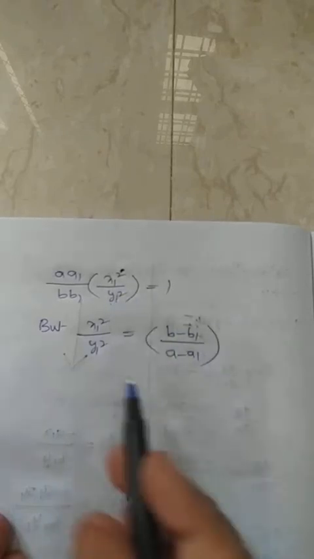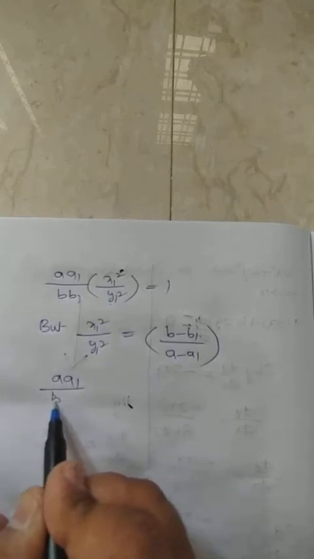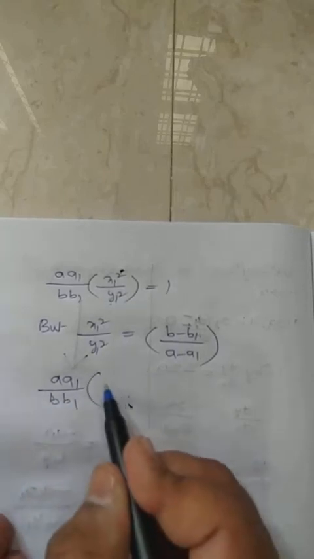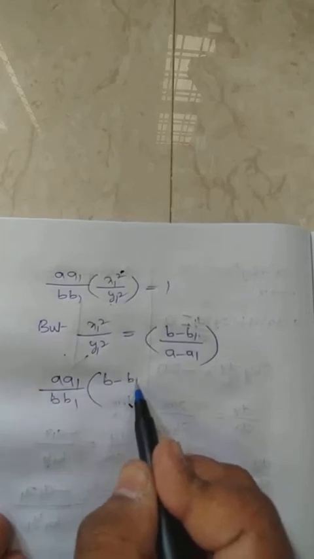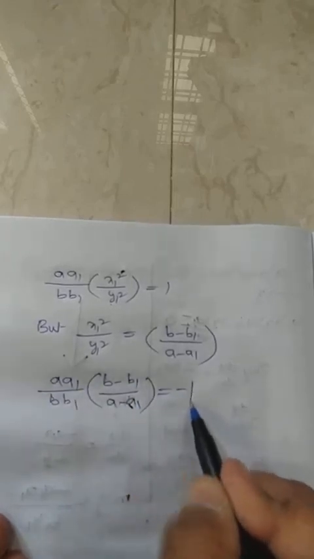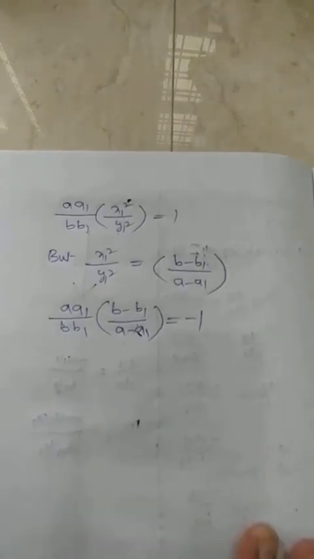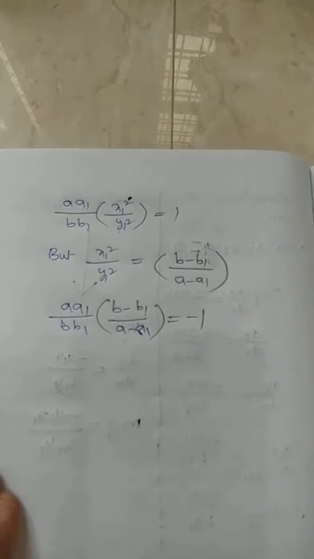So what I could get: a1 by b1 into (b minus b1) by (a minus a1) is equal to minus 1. By cross multiplication, what I could get?